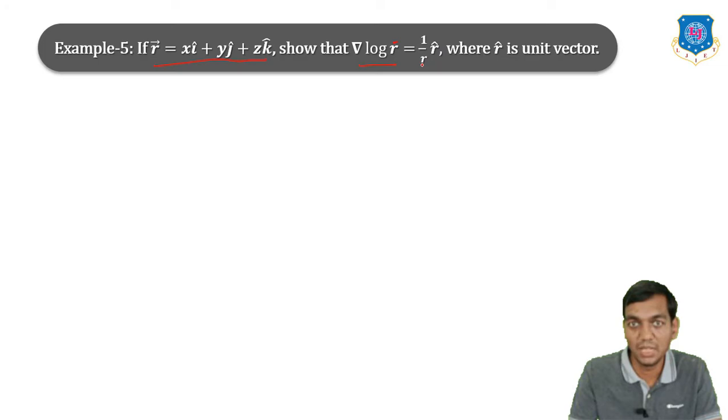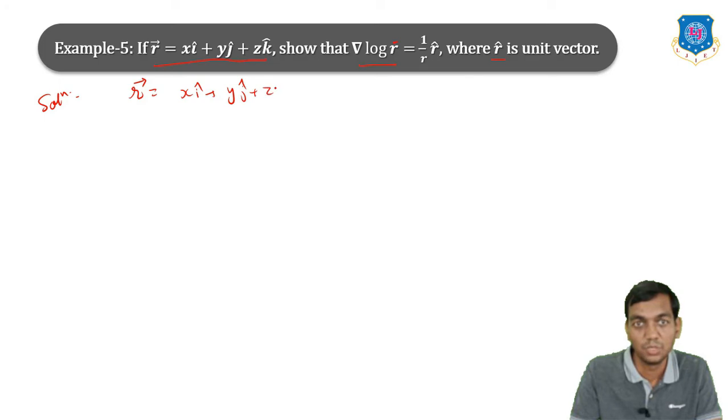Now this r is the modulus of r bar, where r cap is a unit vector. So if you are starting with the solution, r bar is equal to xi plus yj plus zk. So mod r bar is your capital R, sorry, bold R, that is under root of x square plus y square plus z square.